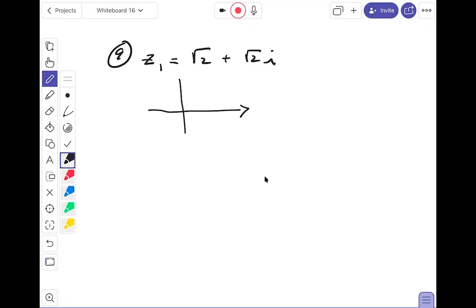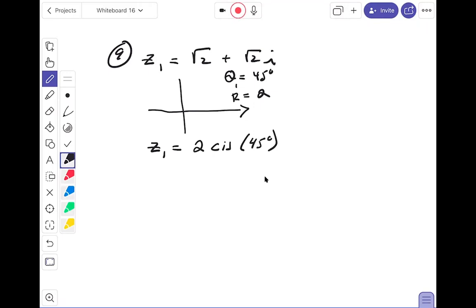Well, the reference is 45 degrees, right? So I know the theta, the argument for this one, is 45 degrees. Called z1. And let's see, what would the r be? It's the modulus, right? So root 2 squared is 2, and 2 plus 2 is 4, and the square root of 4 is 2. So I'm ready to write down z1 is 2 cis, reference 45 degrees, right?